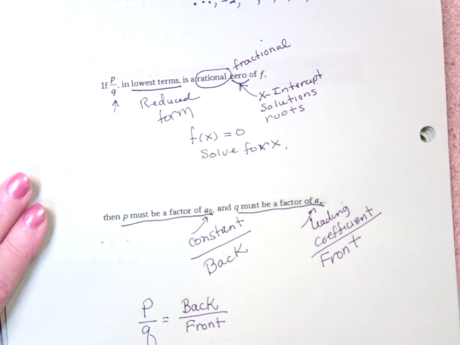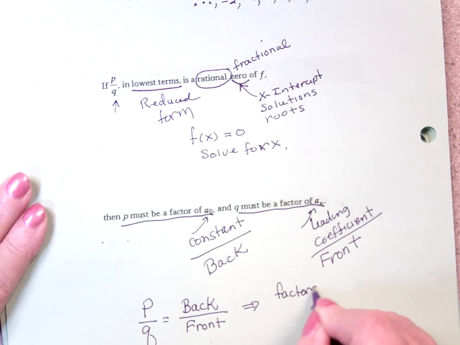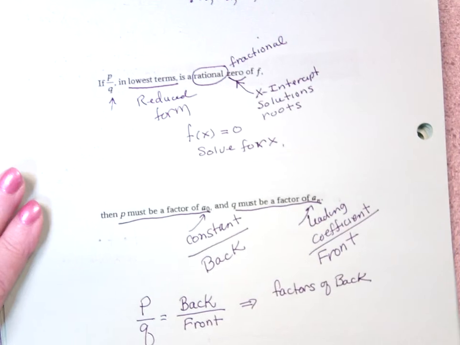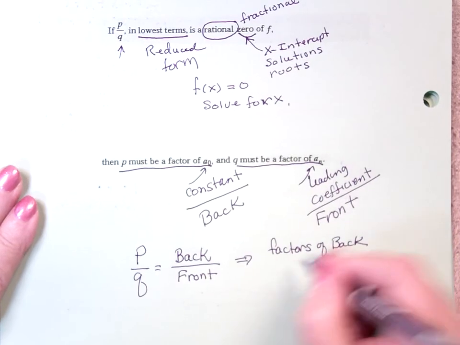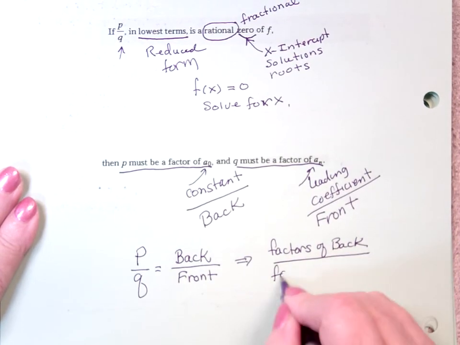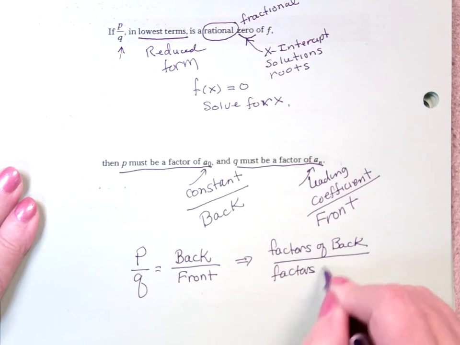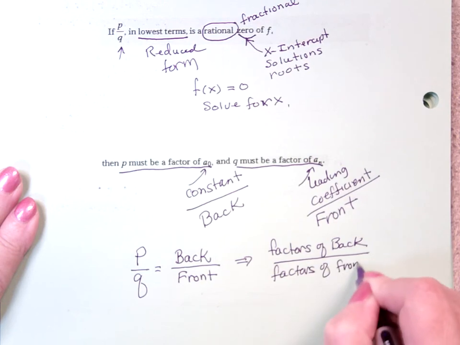You take the back divided by the front. Now, what are you actually going to take? You're going to take the factors of the back divided by the factors of the front.